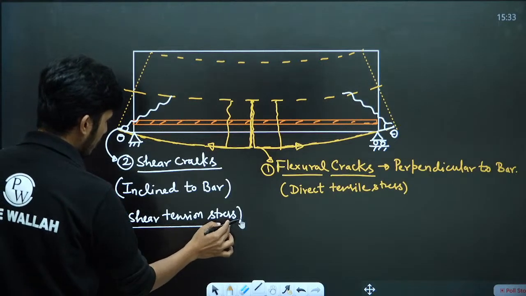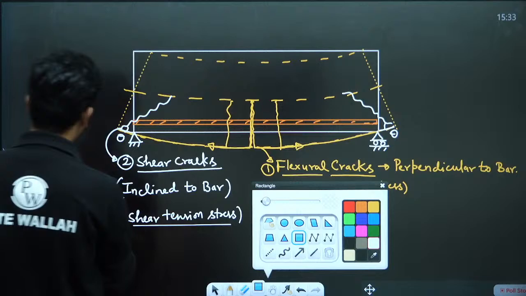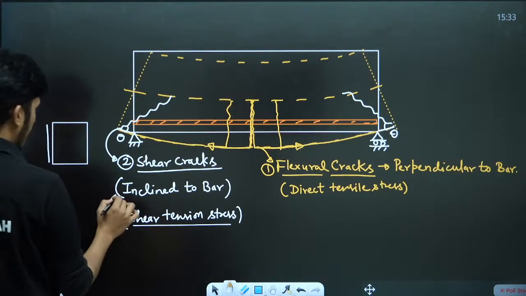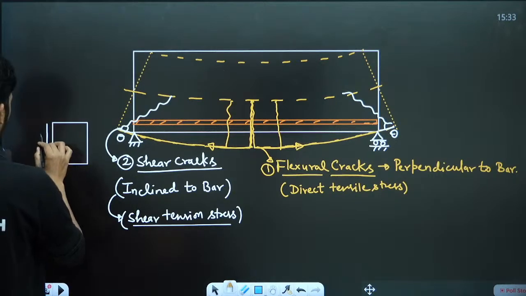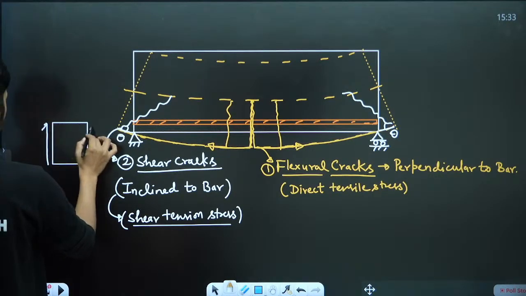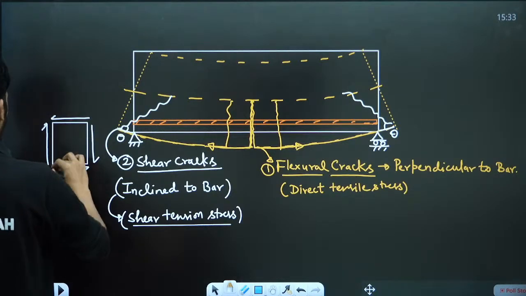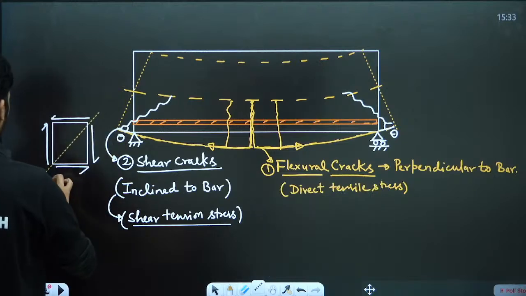If some element is under pure shear like this, what will happen? This diagonal will have tensile stress.